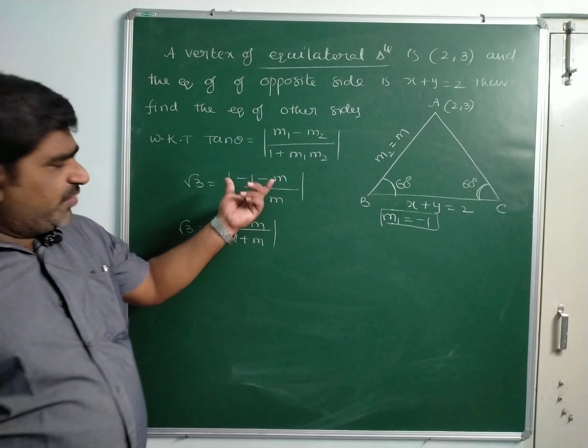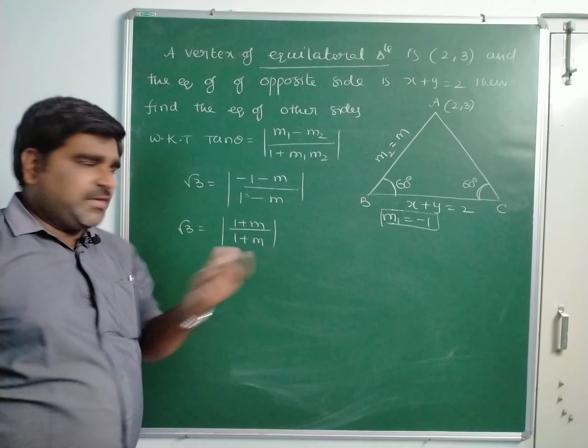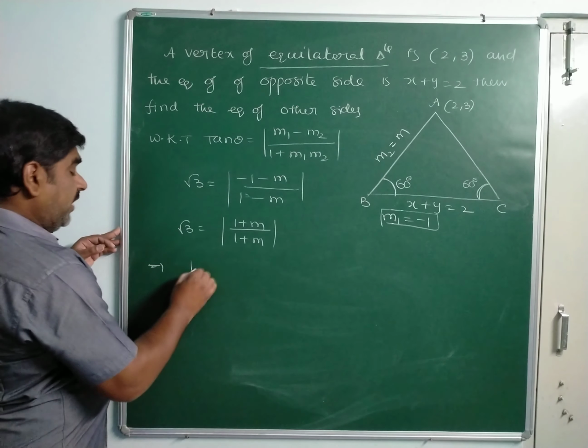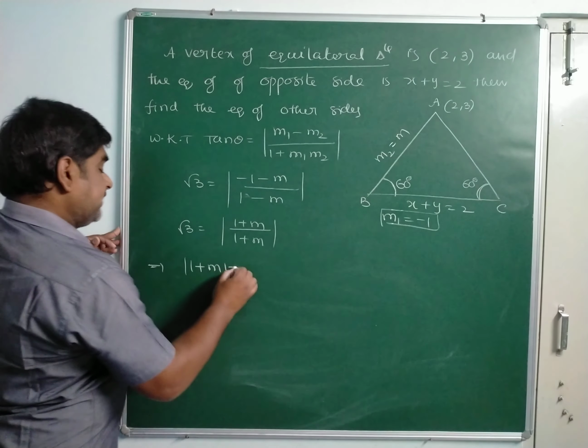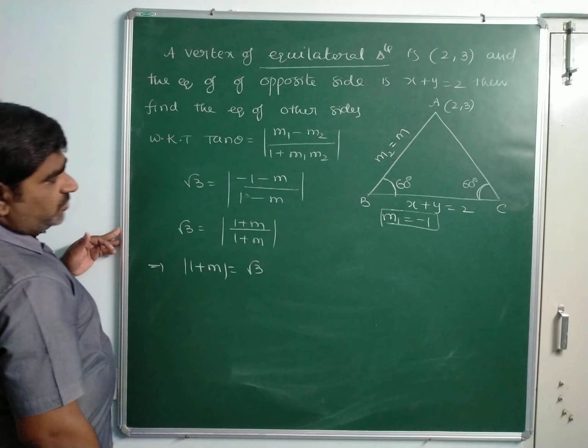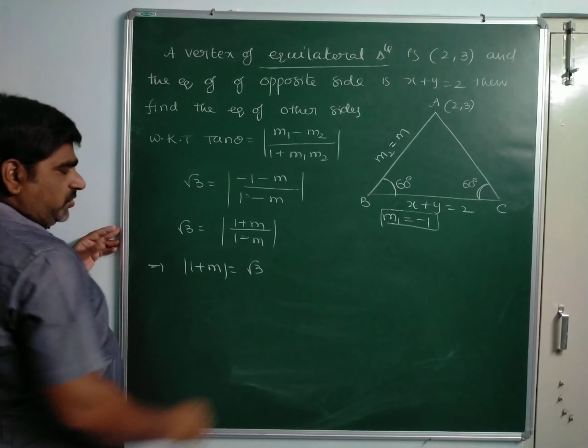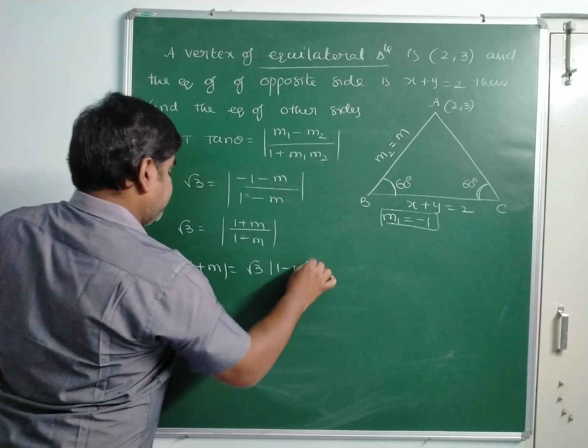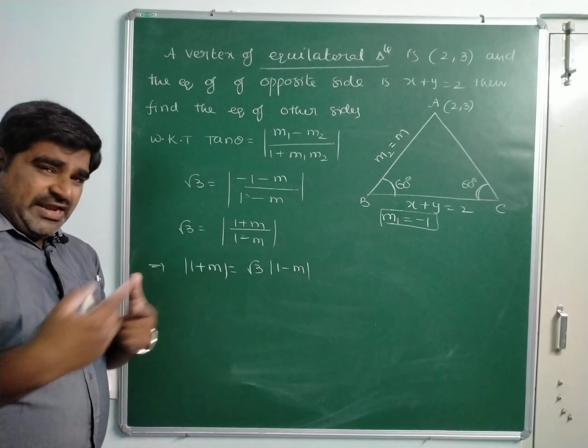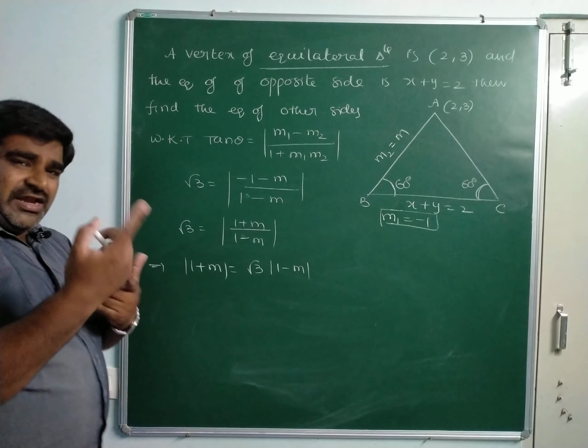Because it is modulus, if you take a minus term as common, it's not a problem. So modulus of 1 plus m is equal to root 3 into modulus of 1 minus m. If we take the plus sign, we'll get one value for m. If we take the minus sign, we'll get another value for m.